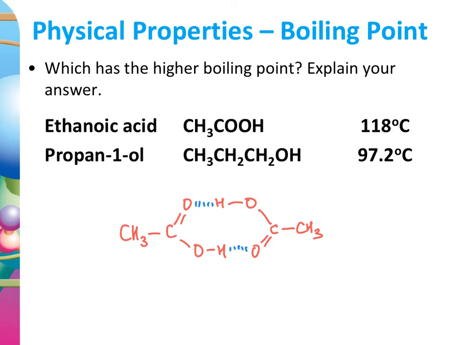So what we get as a result is something called a dimer, because there's two parts to it. That mer is like in polymer, parts, and then di, two of them.